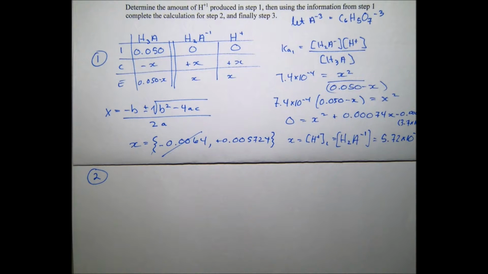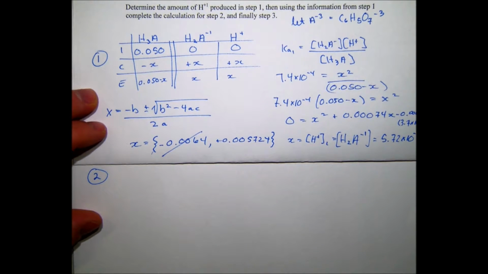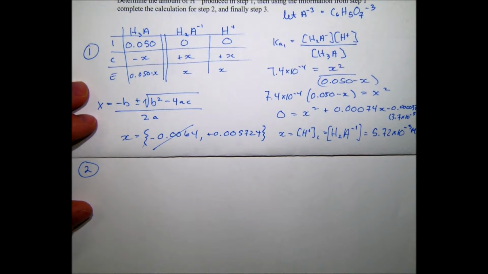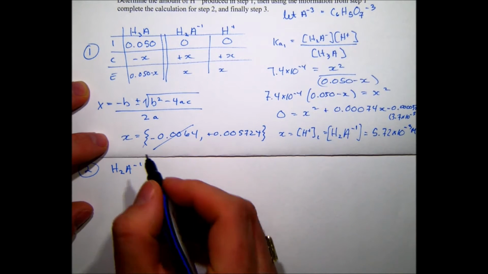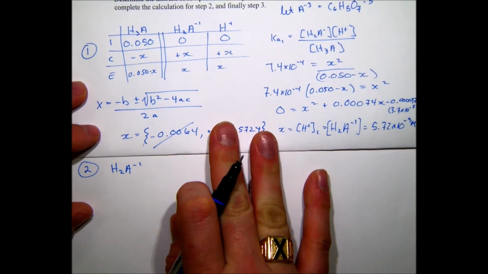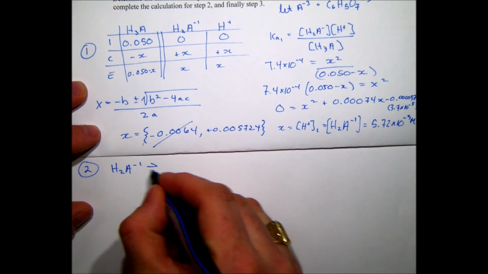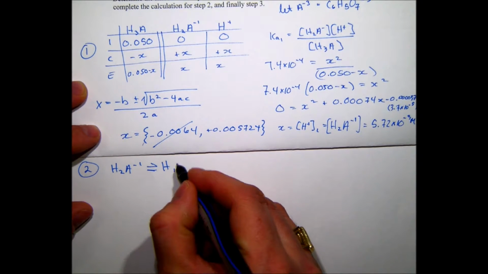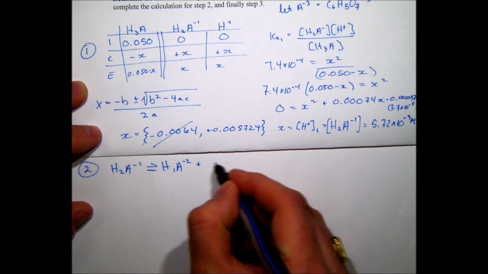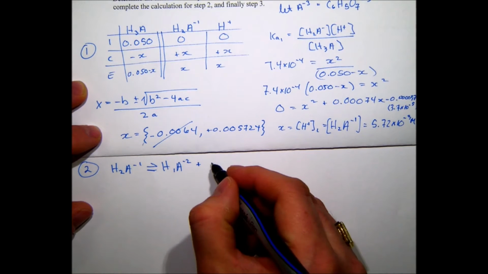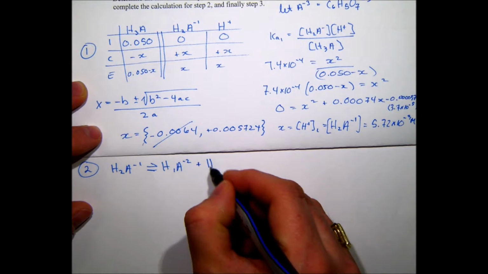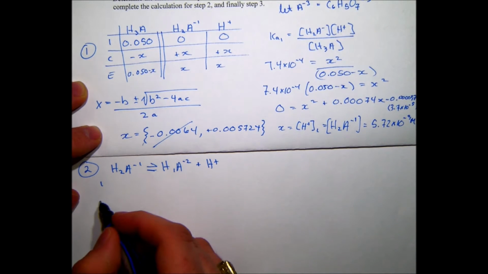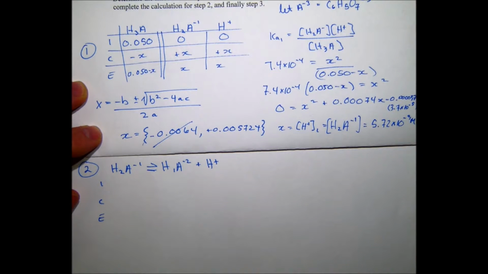So for part 2, what we're going to be looking at is basically repeating what we did in the first step, but for the second reaction. So we end up with H2A minus 1 going to HA minus 2 plus H plus, my ice box.